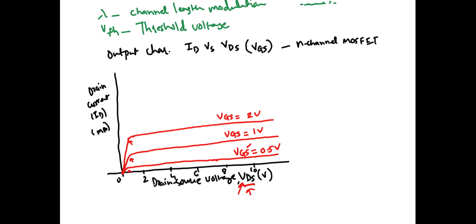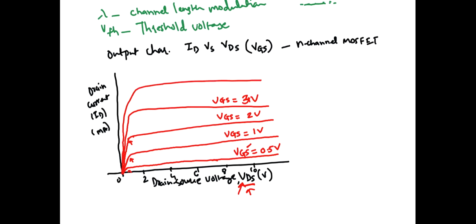Let's have one more curve here. So let's say this is VGS equal to 4 volt or 3 volt, for example. And finally, let me draw it nicely so that you can understand it better.